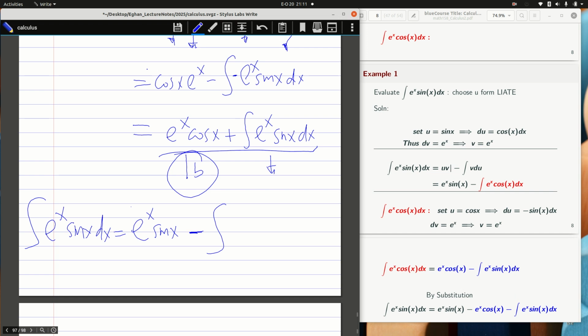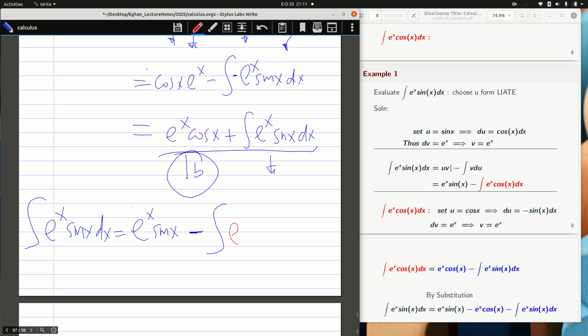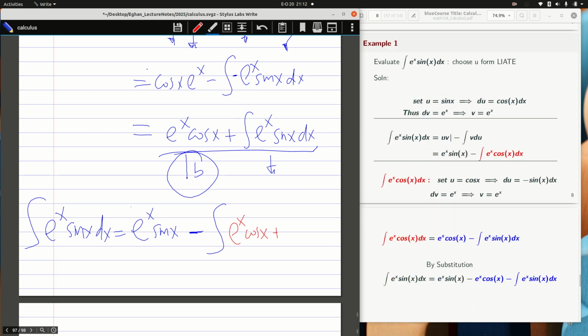the first integration by parts we did. We had e^x cos x, let me do this thing more. So everything here, the 1b part, we have e^x cos x minus integral e^x sin x dx. That's what we had.